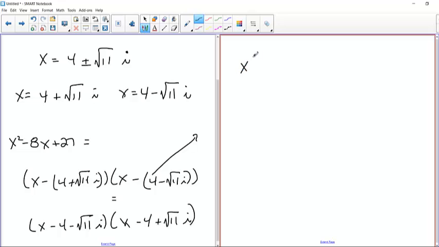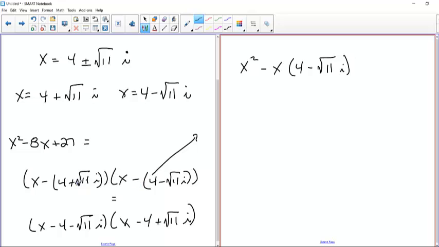So first is going to be x times x, so you get x squared. Outer is x, so you got x times negative this thing. So it's going to be negative x times 4 minus the square root of 11i. So that's outer, x times negative 1 times 4 minus the square root of 11i.